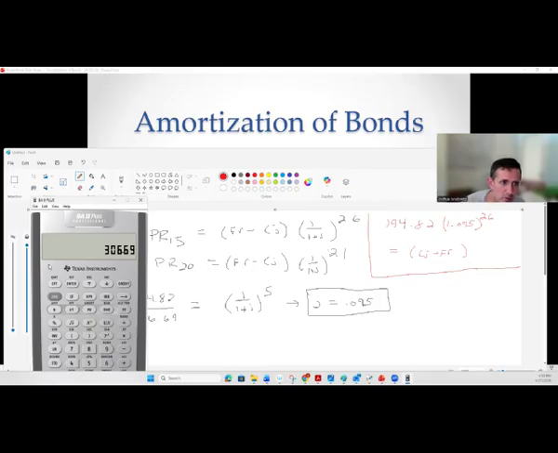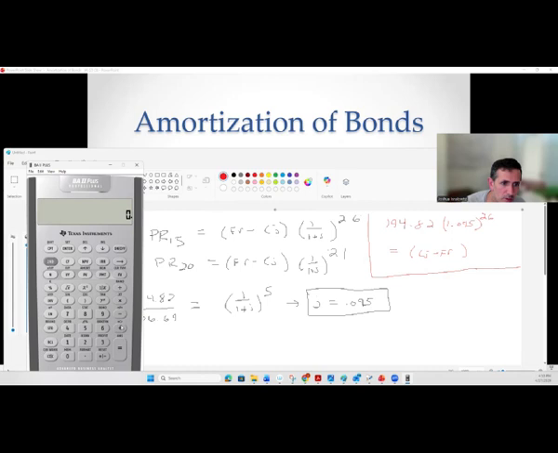Like a weird number. 1.095 raised to the 26 times 194.82 is 2,062, 206,242.